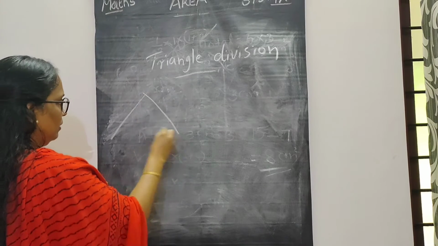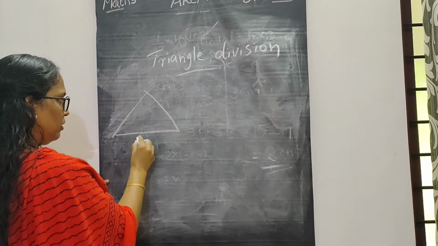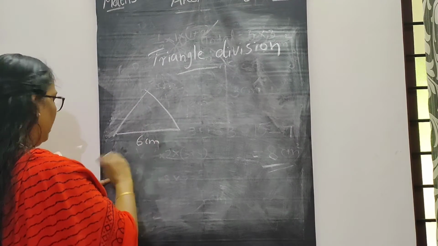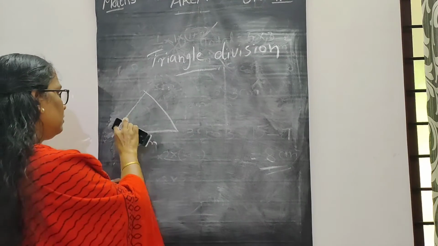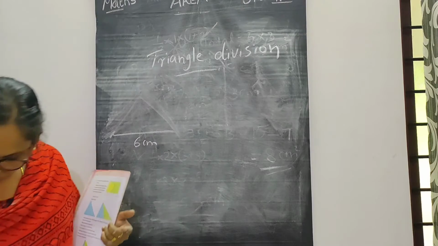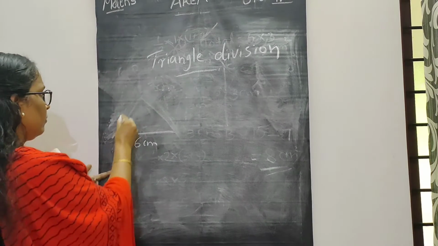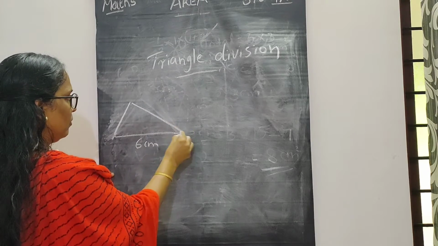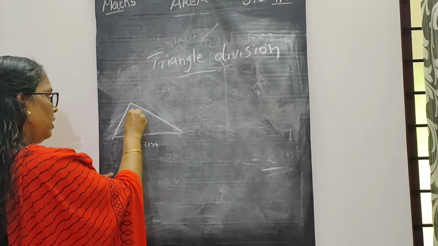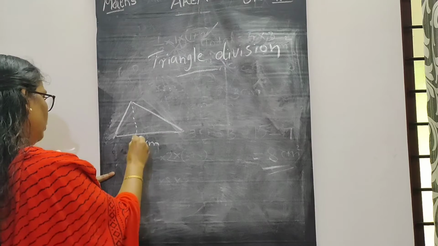See, this is a triangle. Suppose that the length of the base is 6 cm, and we can mark the height as 4 cm.